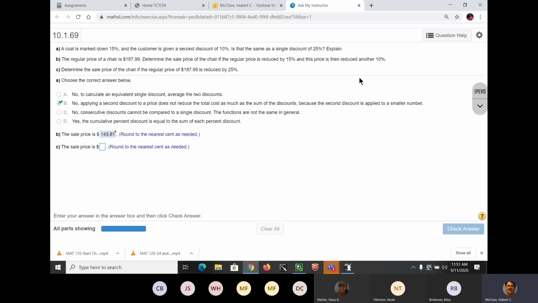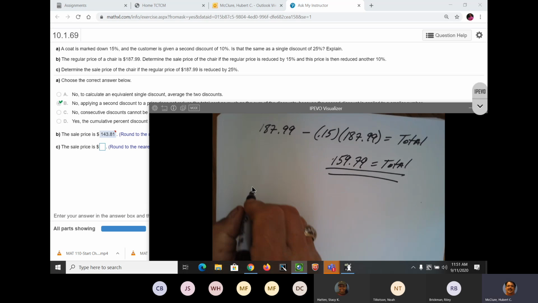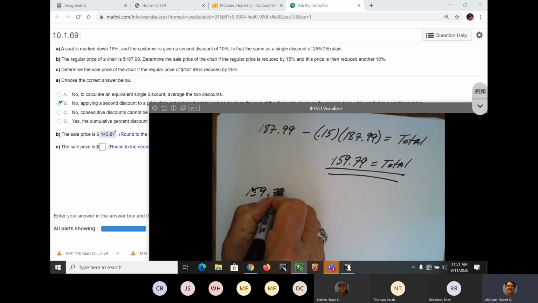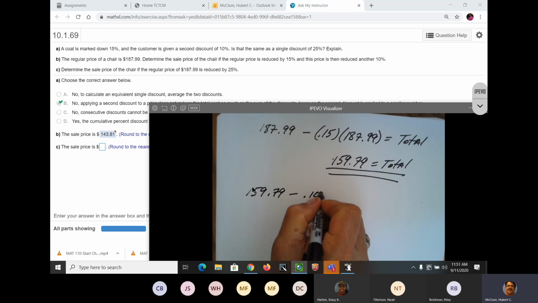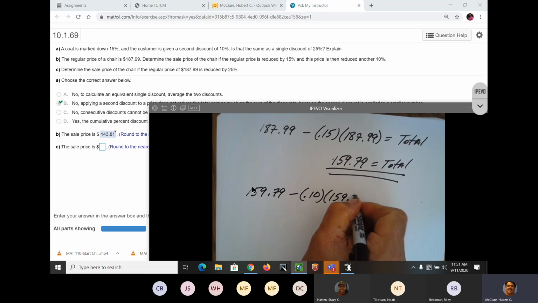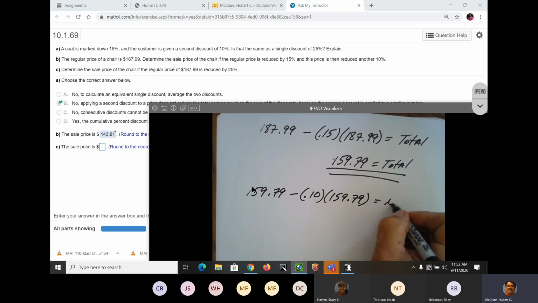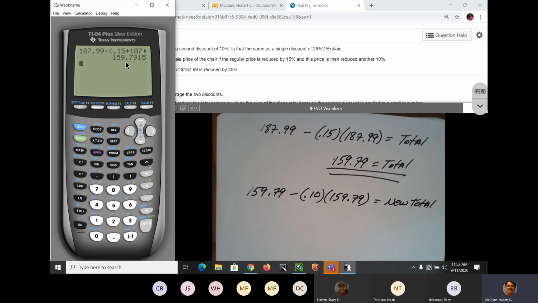Guys don't read directions. So 159.79 minus 0.1 of 159.79 is equal to our new total. So 159.79 minus parentheses 0.1 times 159.79, and I get 143.81.